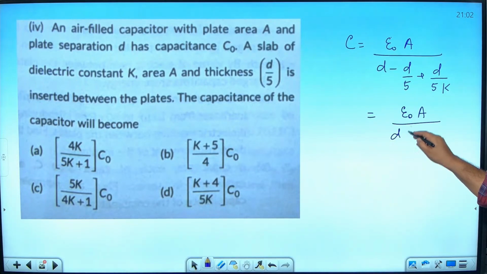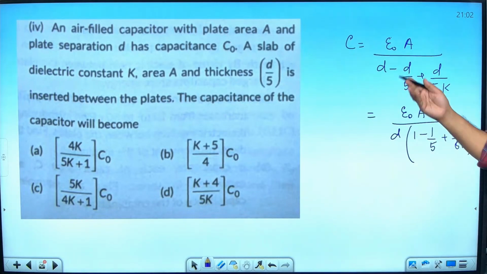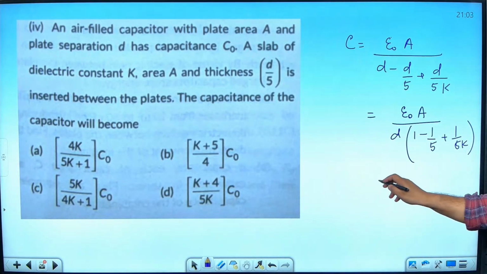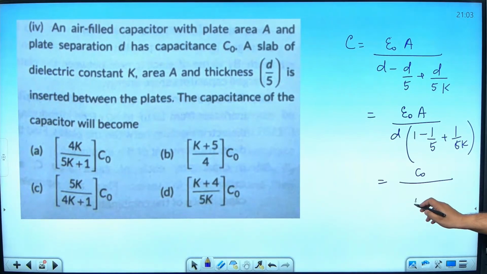If D is common, what will be remaining here? 1 minus 1 by 5 plus 1 by 5K. And this epsilon naught A by D will be C naught, isn't it? Let us see here. C naught divided by, what I am doing, LCM 5K.